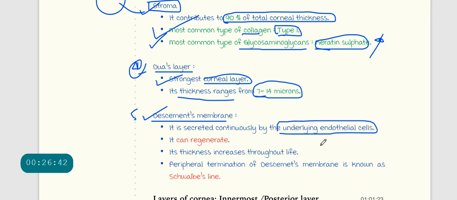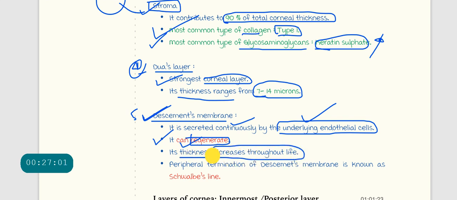The thickness increases throughout life. This can be an MCQ. Another point: the peripheral termination of Descemet's membrane is known as Schwalbe's line. Very important.